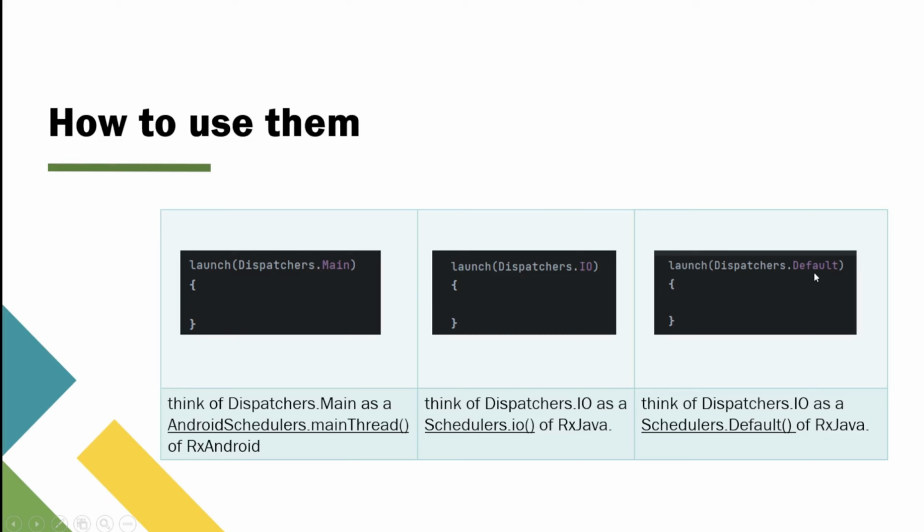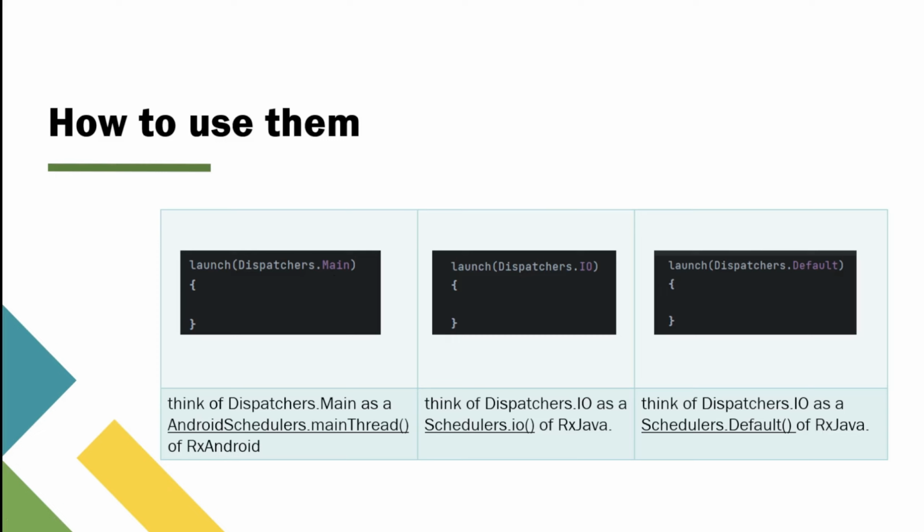So guys, this is pretty much about the dispatchers. Just to quickly rewind, Dispatchers.Default is meant to perform heavy operations. Dispatchers.IO is meant to perform any kind of network operations, and Dispatchers.Main is meant to perform any smaller operations that demand UI interaction, because this is what happens on the main thread.